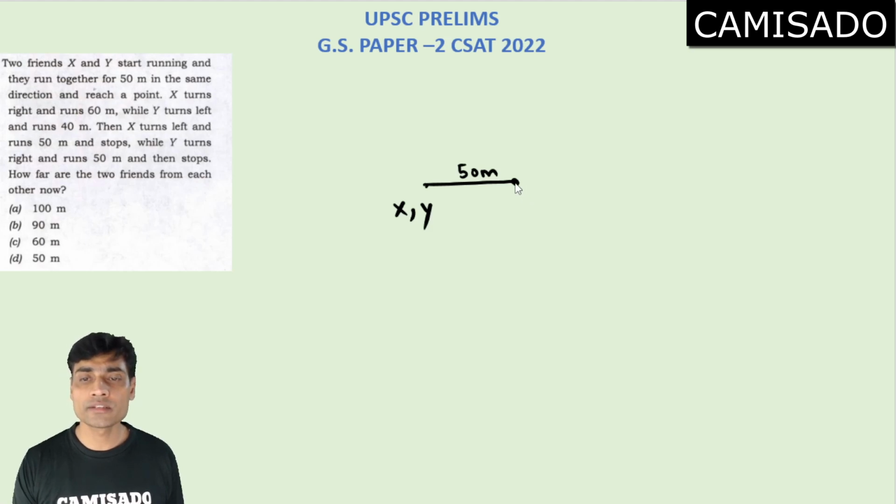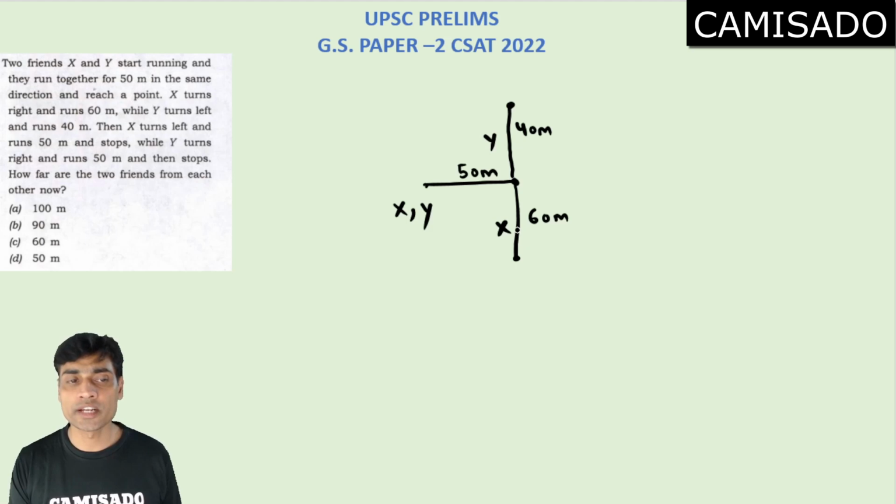So X is running to the right for 60 meters, and suppose he reaches this point, and Y turns left and runs 40. So Y is turning left and running only 40 meters, the opposite direction basically. Now the direction for X is this, the direction of Y is this. They are running in opposite directions, one to the left and the other to the right.